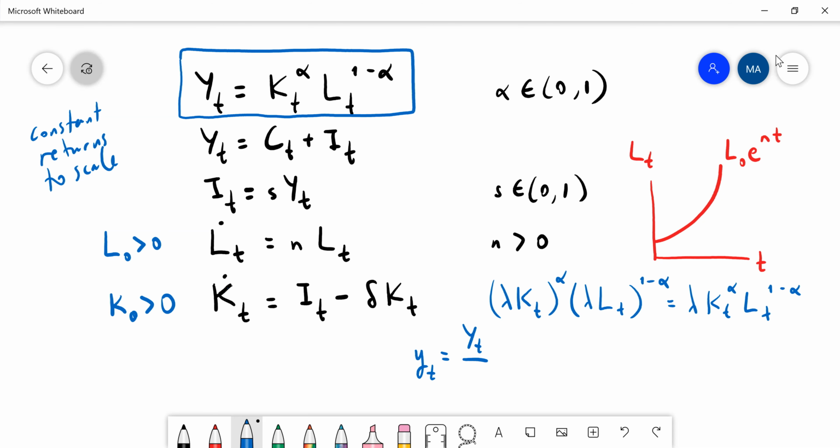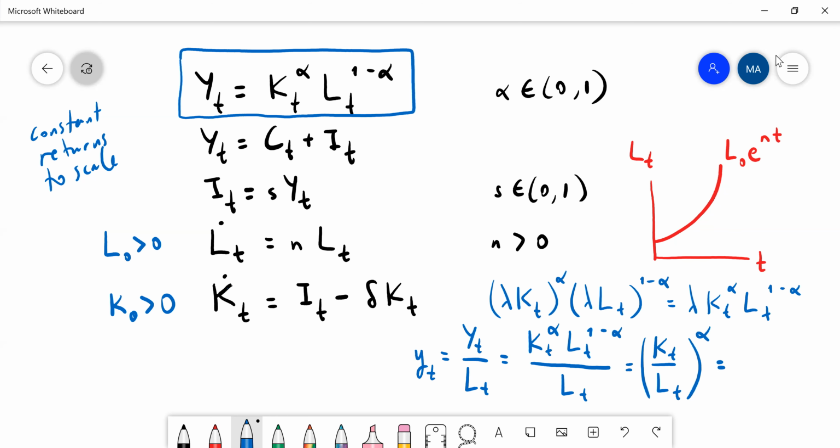So once again, I define that. But now I have K_t^alpha here, L_t^(1-alpha) here, okay? And I'm trying to write GDP per worker. So guess what? It satisfies this. So I define this new variable, k_t, okay?